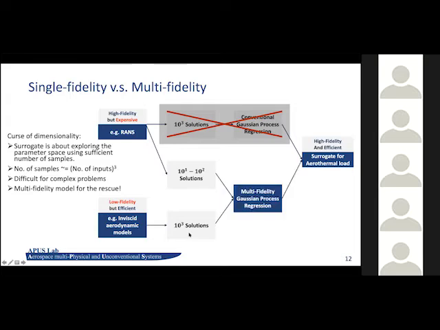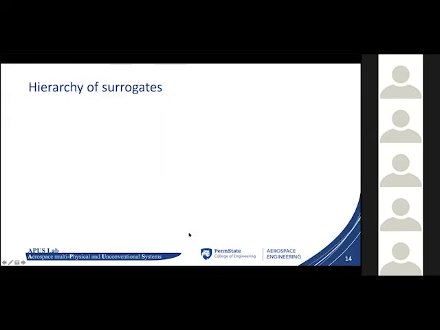We can then fuse them using a multi-fidelity GPR, and again find an aerothermal surrogate that can be used for the FTSI analysis. So here, just to give you a little background on the surrogate model, I'll show a hierarchy of surrogates.